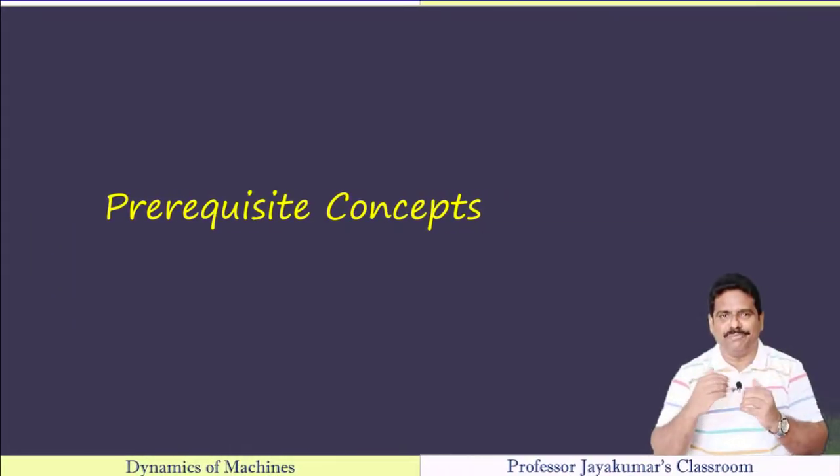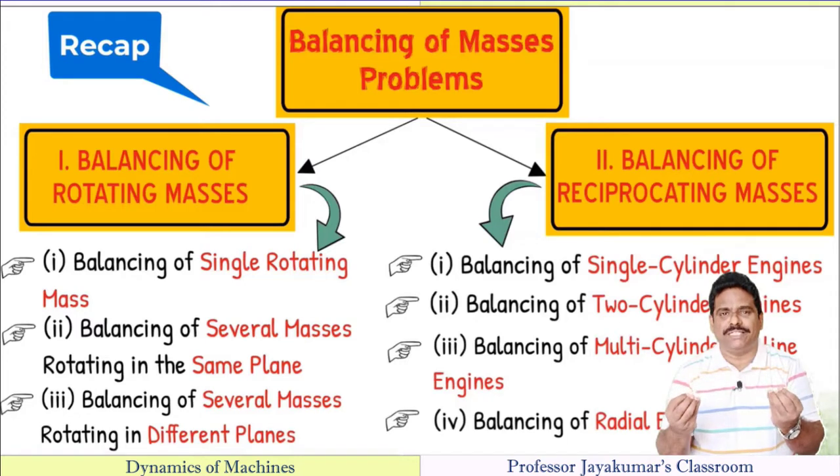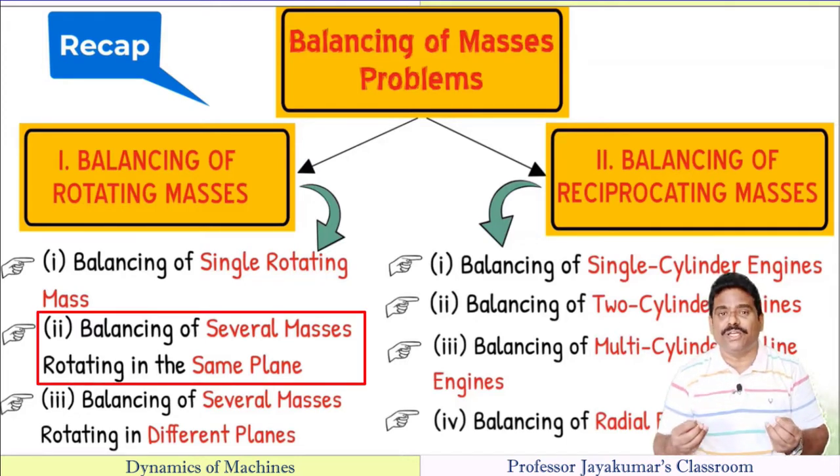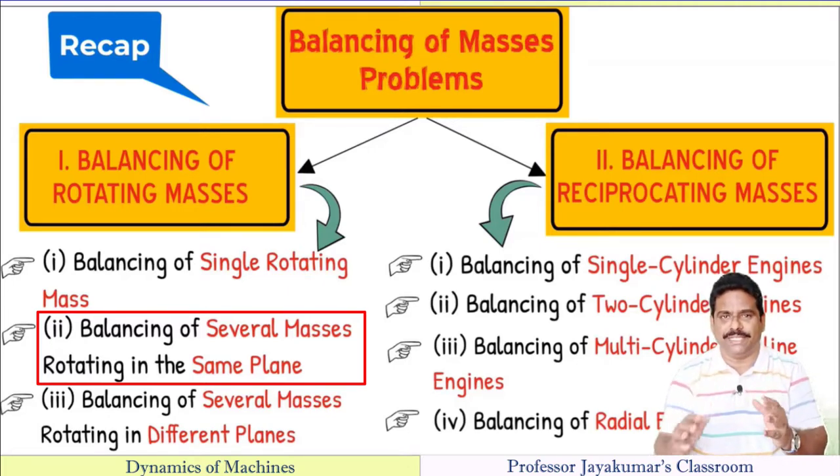As always, before jumping into the problem, we will recap the prerequisite concepts required to solve this problem. This is the flowchart explaining the various categories of balancing problems that we will be studying. In this, we are going to solve a problem on balancing of several masses rotating in the same plane.